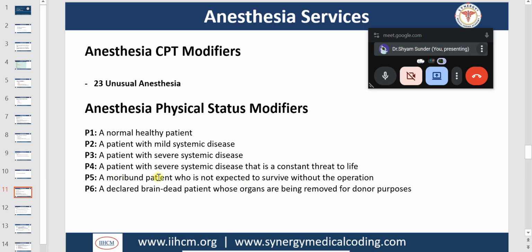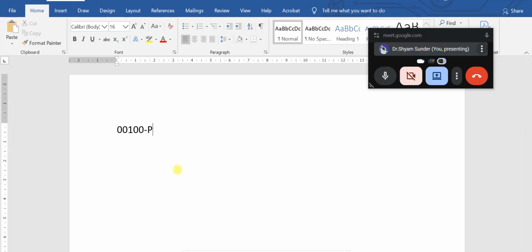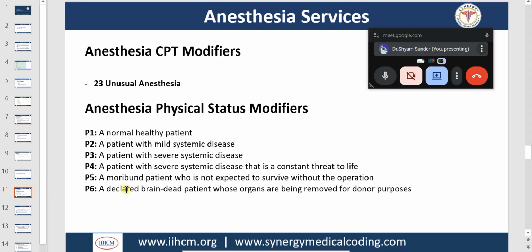P4. A patient with severe systemic disease that is a constant threat to life. The patient has diabetes, asthma, or it could be any chronic condition, totally uncontrolled. That is P4. P5.